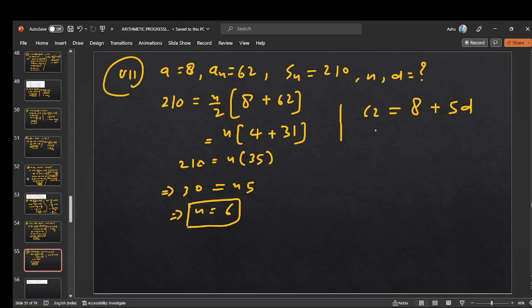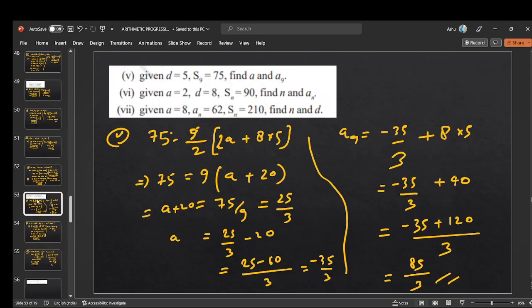Clear? 62 minus 8 equal to 5d. Then d will be 54 by 5. Clear? This is our answer.